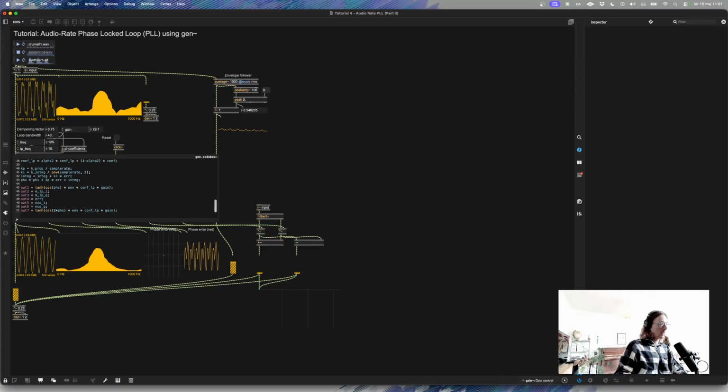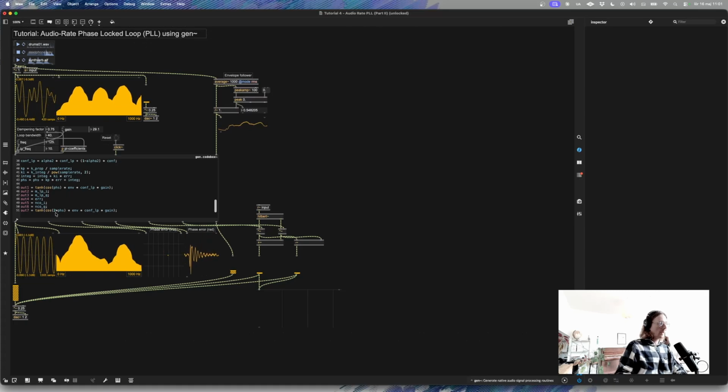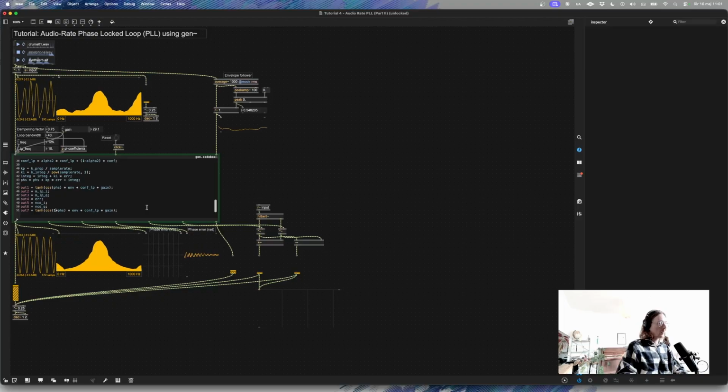So now we can mix between the fundamental and the octave. And if we want a perfect fifth, for example, we can multiply with 1.5 here.